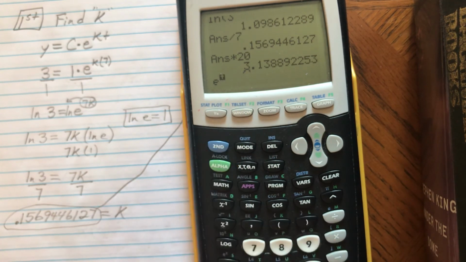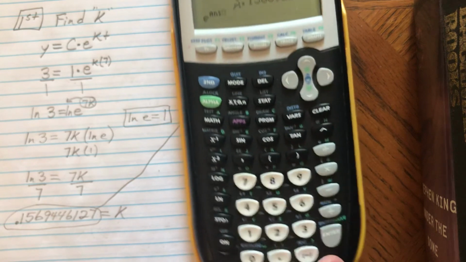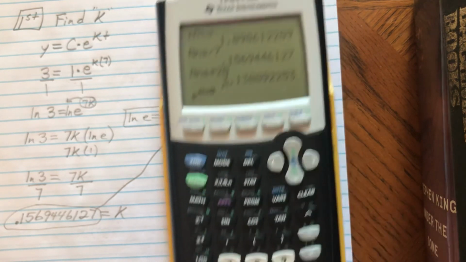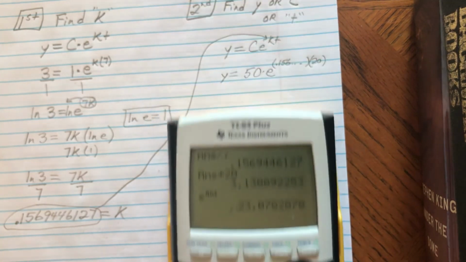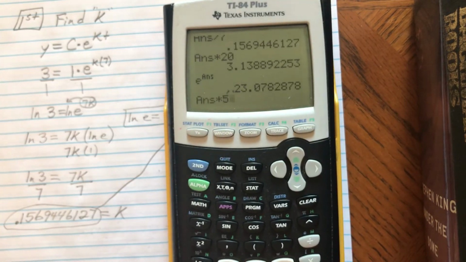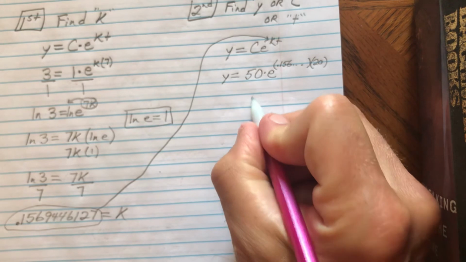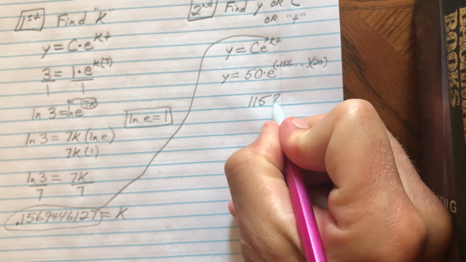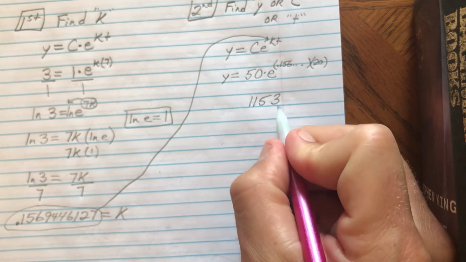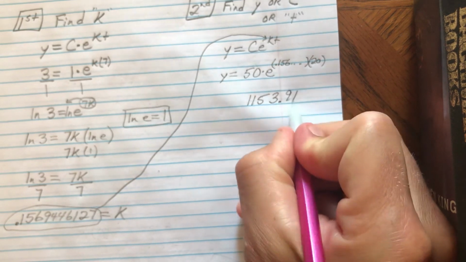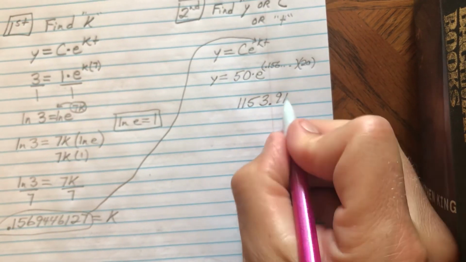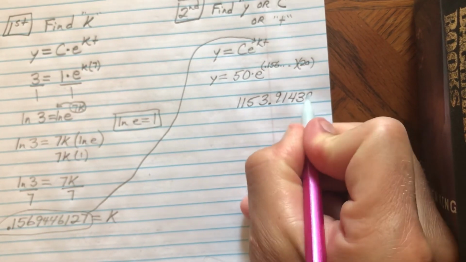You just hit second answer, which is right above the negative key. And then you multiply that by 50. So, 1,153.91439 bacteria.